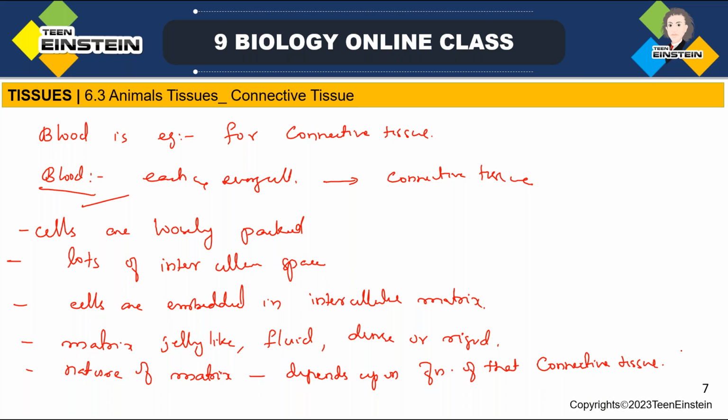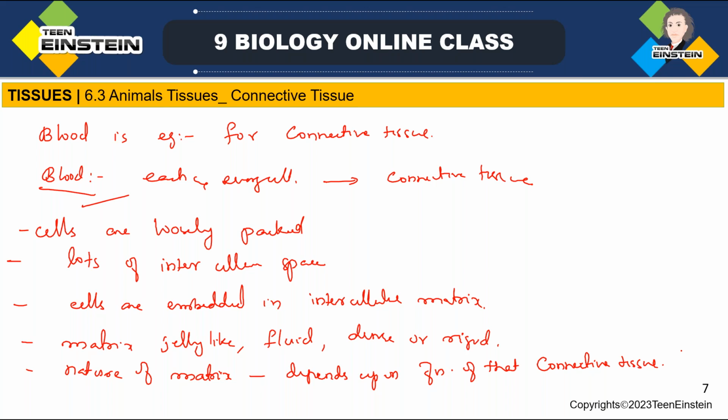The blood cells are embedded in a matrix, which may be jelly type or fluid, dense or rigid, and its nature depends upon the function of that connective tissue.